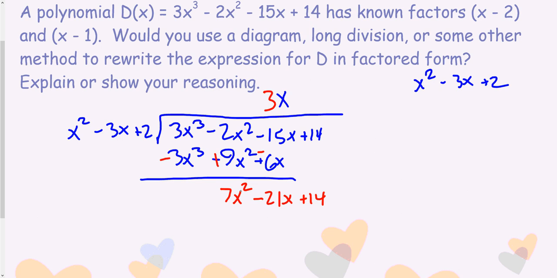Now we do 7x squared divided by x squared. That's 7. And now we multiply, we get 7x squared minus 21x plus 14. And everything just zeroes right out. And we get 3x plus 7. So that works too. So you can do that.